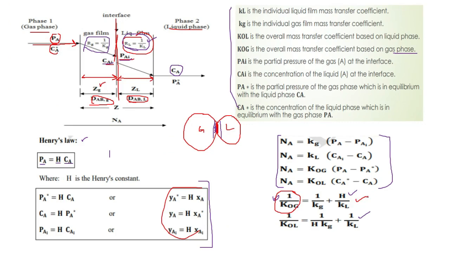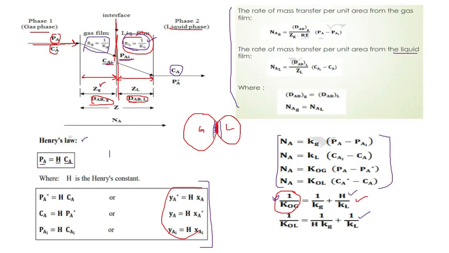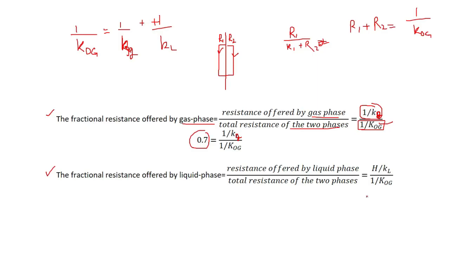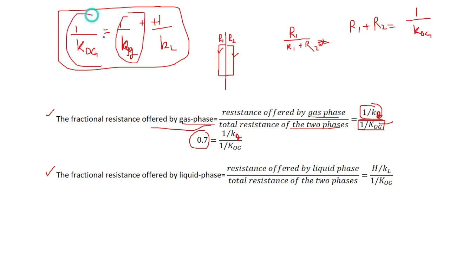For more understanding, you have to go into their derivations in order to understand the whole concept. For now, you can just assume this. So the fraction resistance by the gas phase will be this term divided by this term. I hope it is clear now.